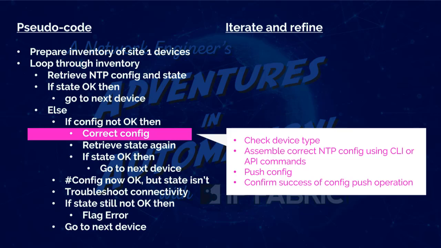What does the correct config look like on this device as opposed to that device? How do we push that config, and how do we check to make sure that we've actually pushed that config and the device has accepted the config? Not that it's had the right effect, but the fact that the config change has been made.